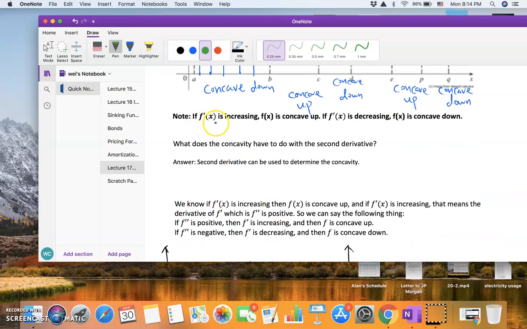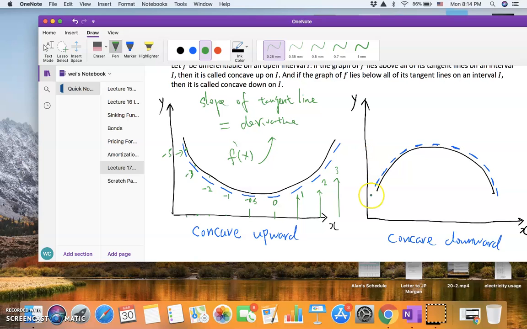So that's why we have this result: when the first derivative is increasing, the function is concave up. And let's look at this example. Here, the slopes of the tangent lines are getting smaller, because first they are positive, then they become 0, and then they become negative.